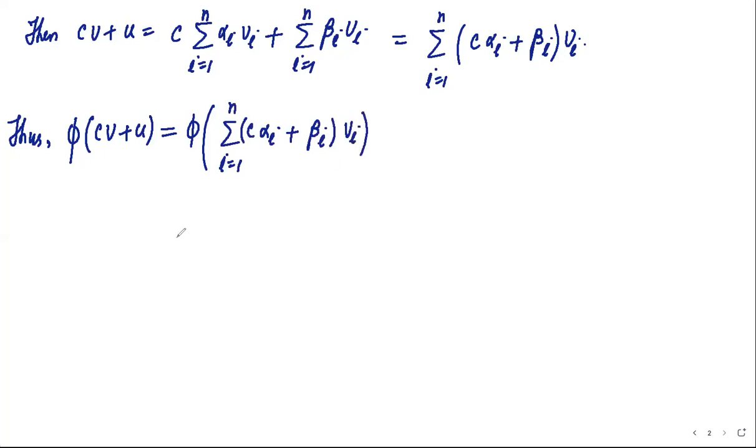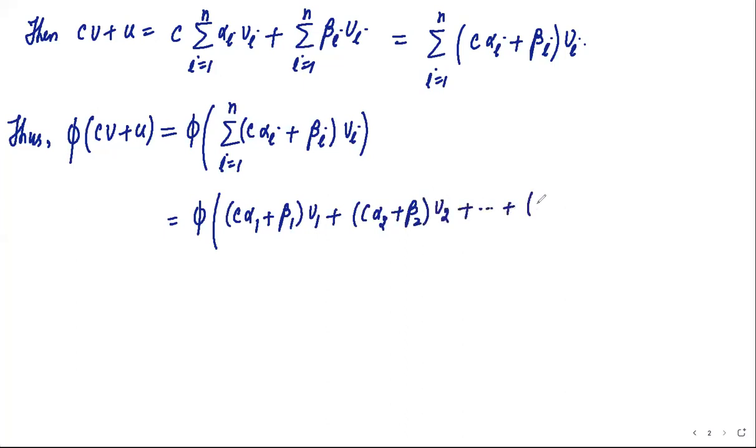तो इसको अगर हम expand करेंगे, this equals pi of, now the first term is (C alpha 1 plus beta 1) V1, then the second term is (C alpha 2 plus beta 2) V2, then so on. The last term is (C alpha n plus beta n) into Vn.